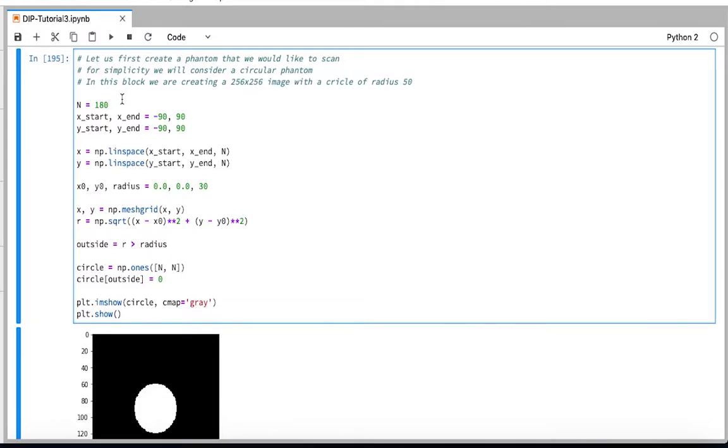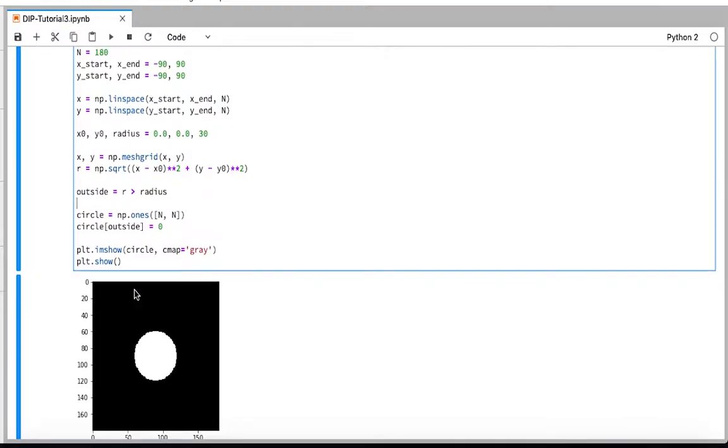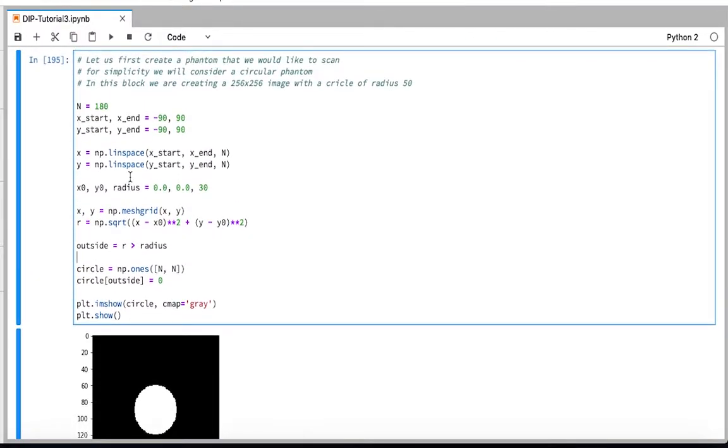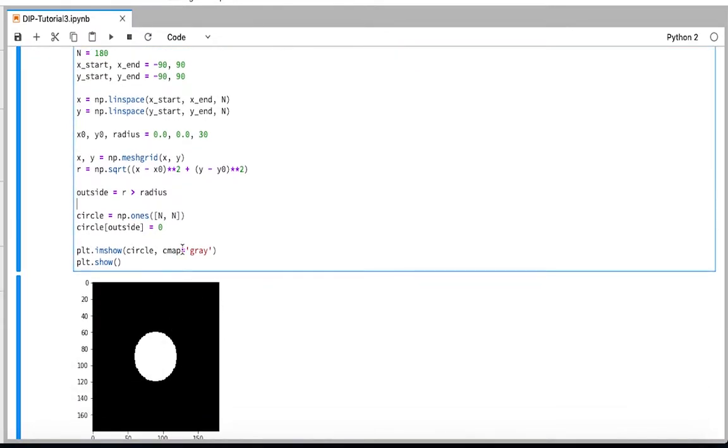I chose a center and radius, and whatever is outside is zeros, and the ones inside are 1.